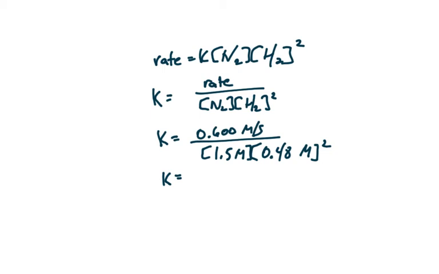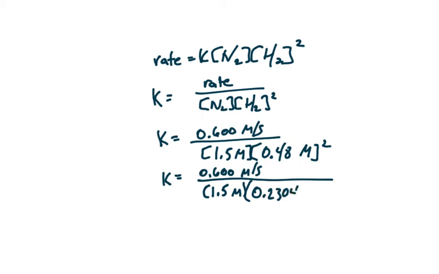K is equal to 0.6 divided by 1.5 molar times, and 0.48 squared is 0.2304. And I'm not going to round too early. Try to get out of the habit of rounding intermediate values. Also I have to square my unit.